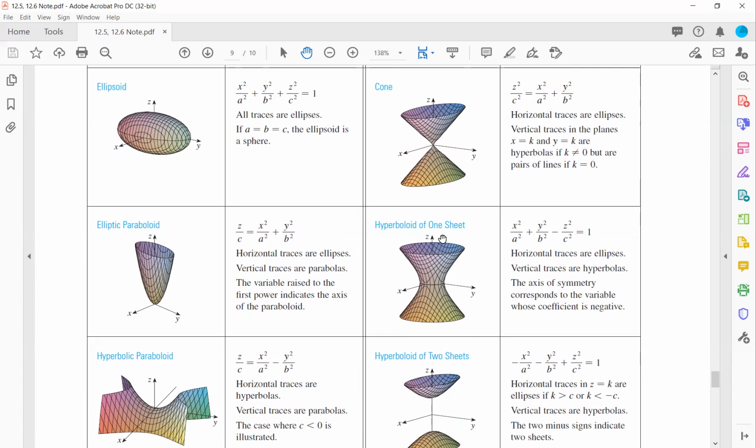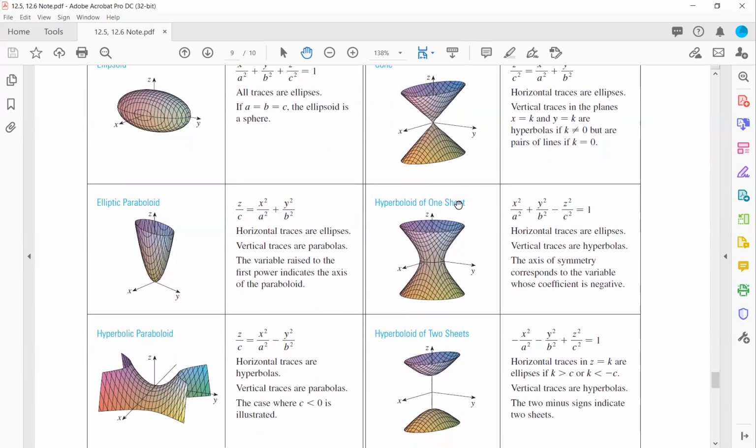Remember that in 2D we had parabola, and in 3D we call them paraboloid. We had hyperbolic functions, and now in 3D we have hyperboloid, but in space we have hyperboloid of one sheet and also hyperboloid of two sheets.